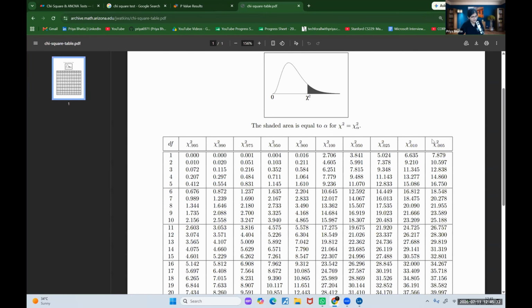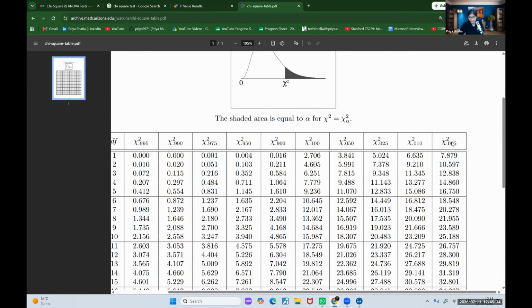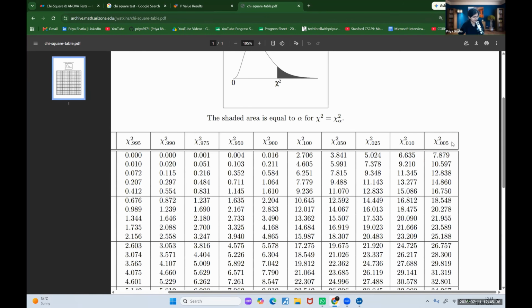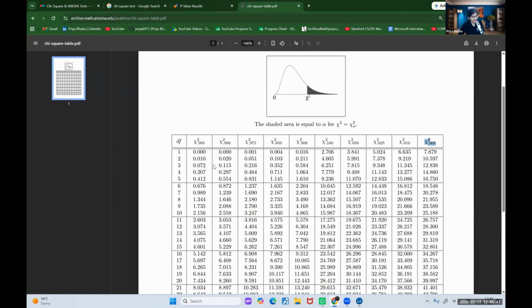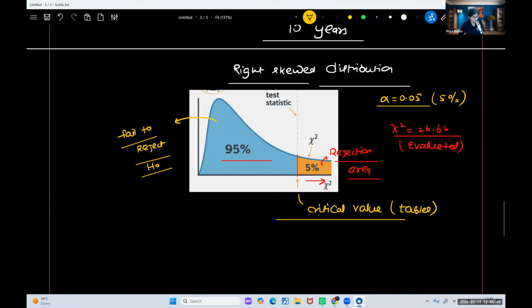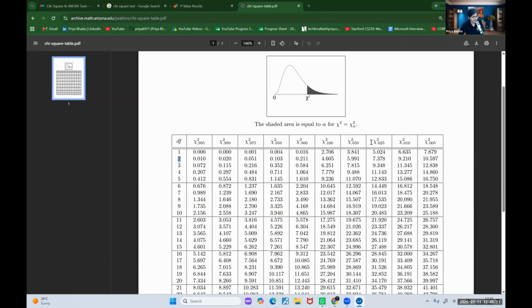So over here, let's say we are looking for the chi-square value for alpha value 0.005, and our degree of freedom was 2, right? Our alpha value was 0.05, not 0.005. So maybe we have to look for this specific answer. If I ask you, what is the critical value over here? Can you see the answer?